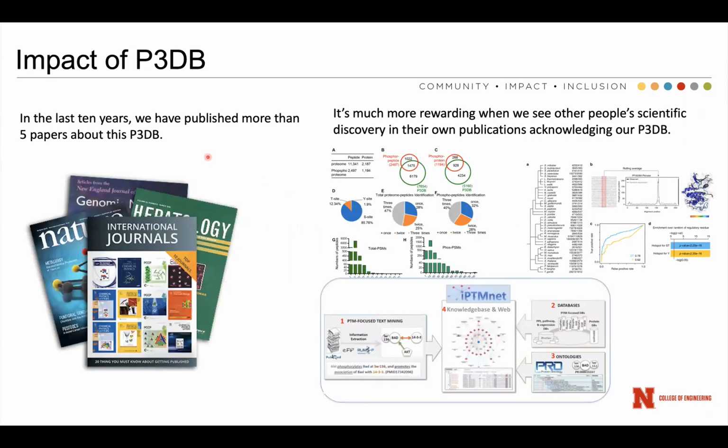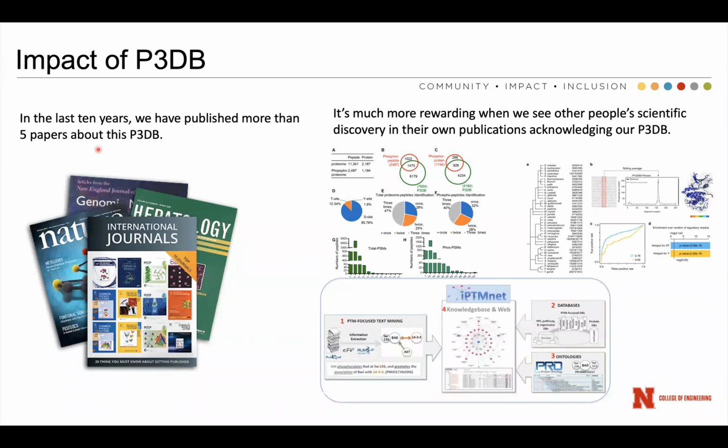Our P3DB has a deep and wide impact in the worldwide science community. In the last 10 years, we have published more than 5 papers on this website and the database.